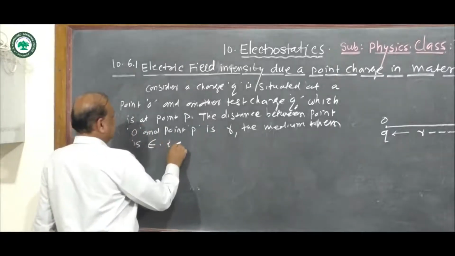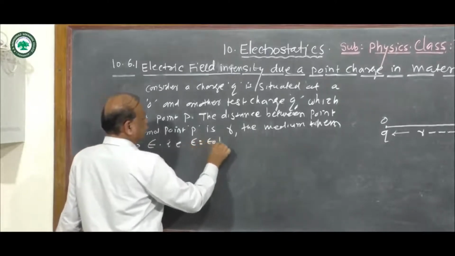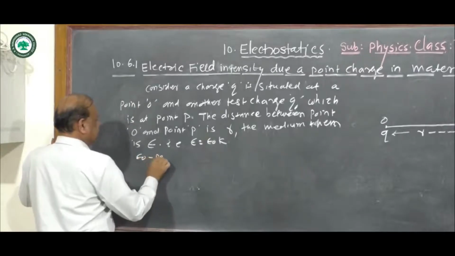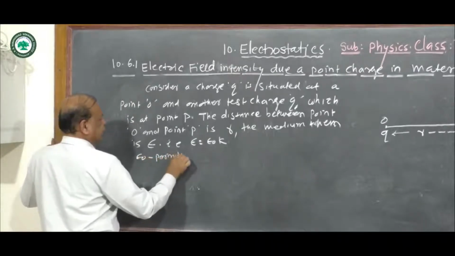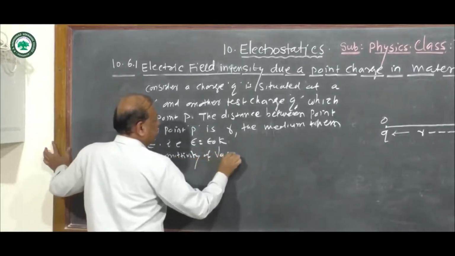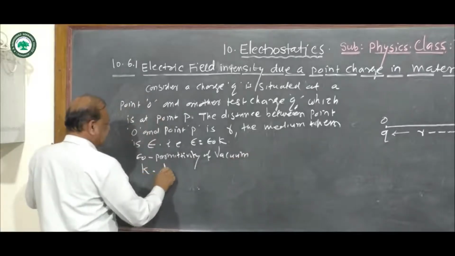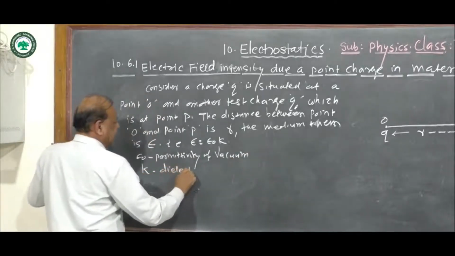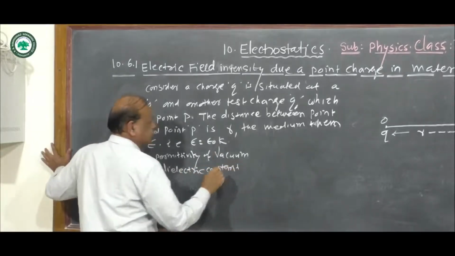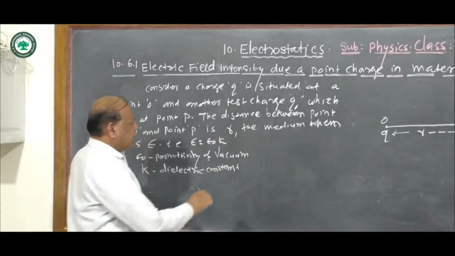That is, this value of epsilon is equal to epsilon 0 K, where epsilon 0 is the permittivity of vacuum or free space, and K is the dielectric constant of that medium.